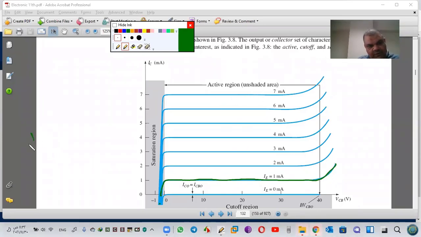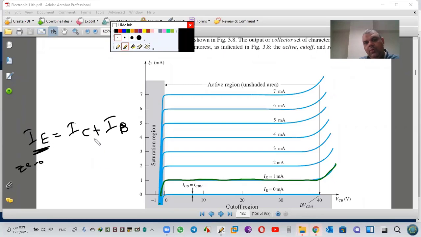So what do we have here? First of all, we found that IE equals IC plus IB. So if there is no input, IE is 0. What about this one?